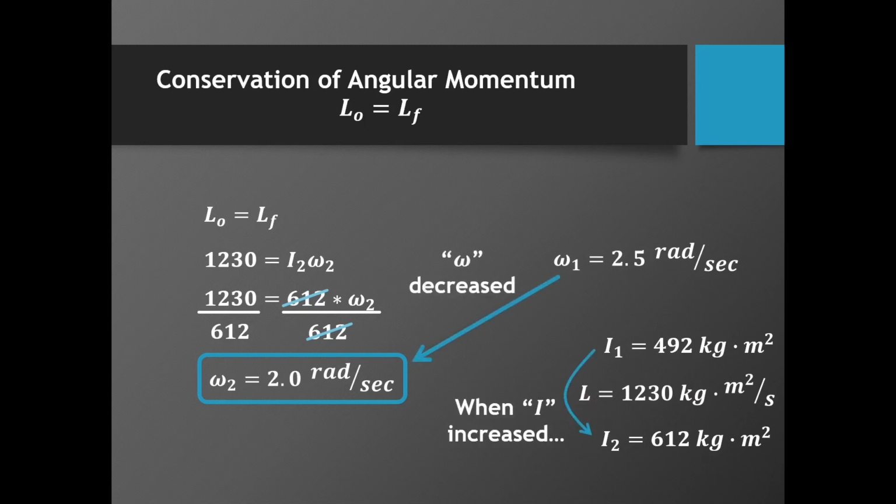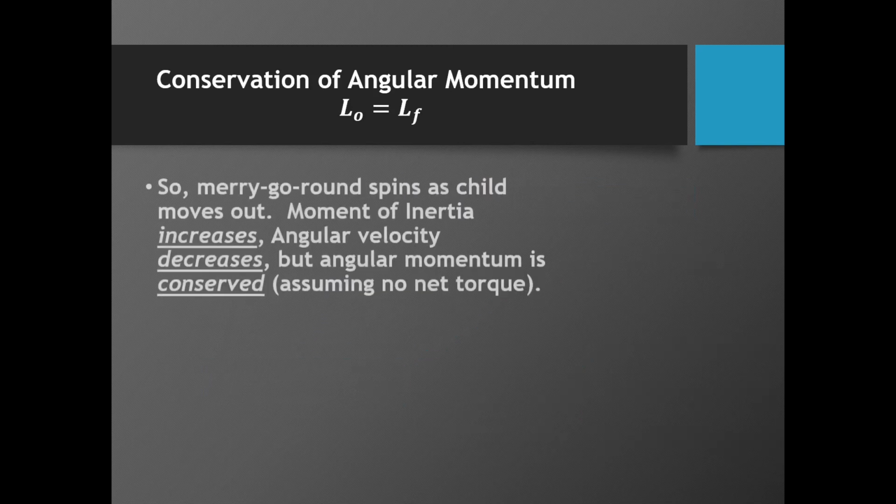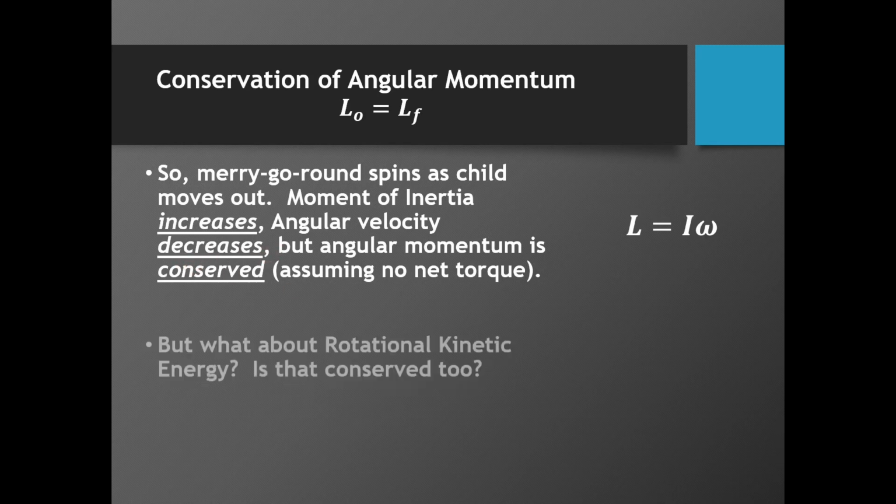All right, so with an increase in moment of inertia, we decreased our angular velocity, and that's because the angular momentum is going to be constant either way. So in this example, we saw that with the merry-go-round with a child, as the moment of inertia increases, the angular velocity decreases because the angular momentum is conserved with no outside net torque.